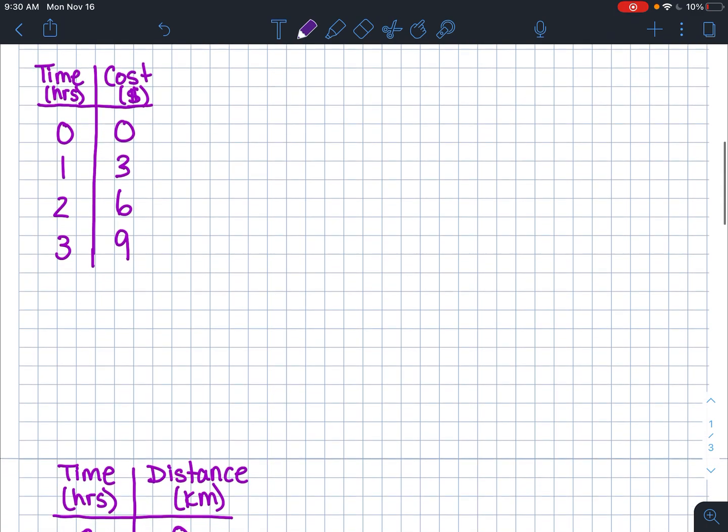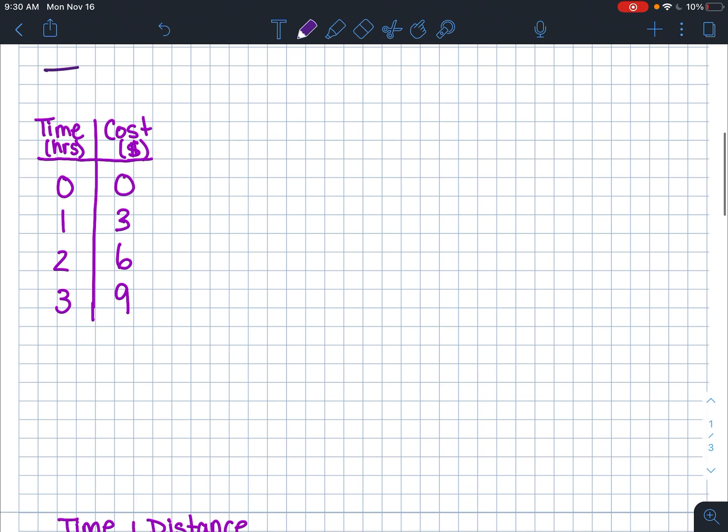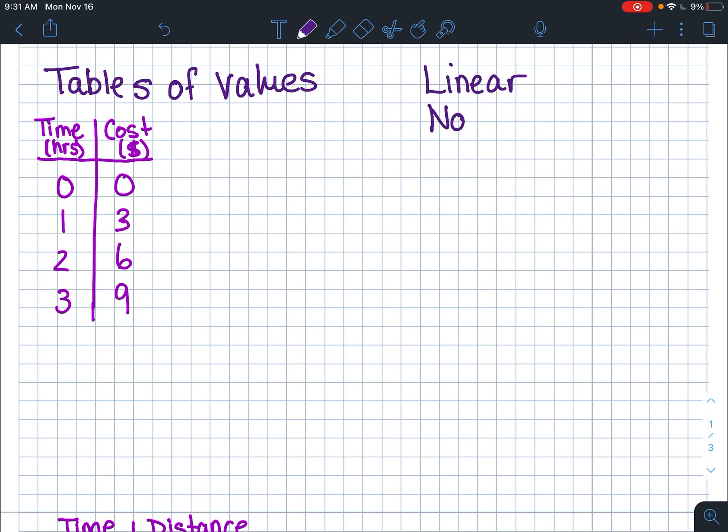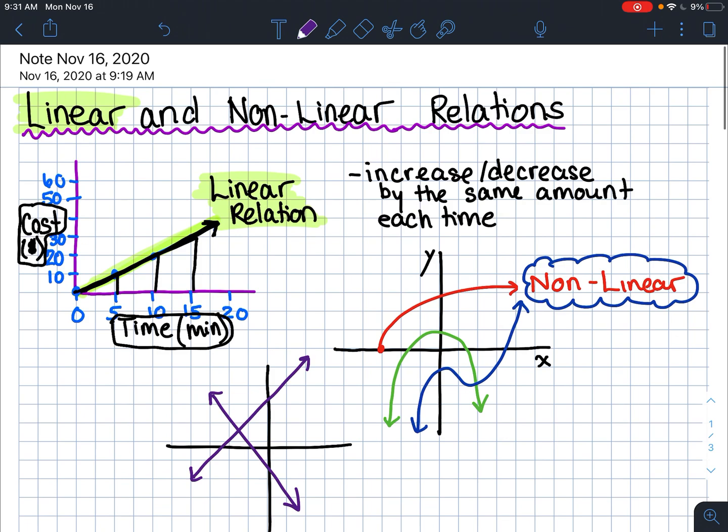Okay, you know how sometimes we create tables of values? So these are tables of values. We can tell from a table of values if it's linear or nonlinear. So remember I said this.